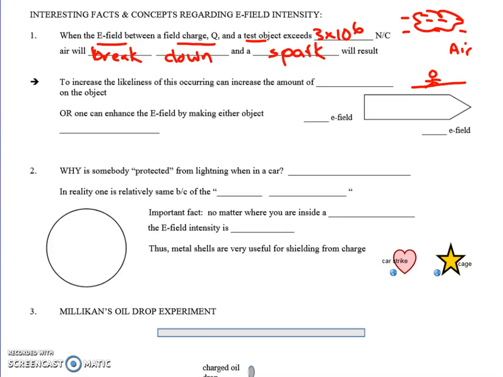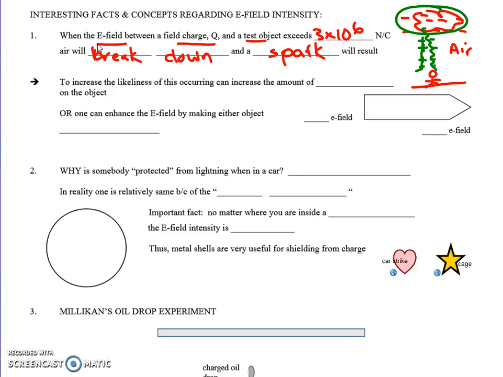But because the air is made up of a material, and that material has positive and negative charges in it, the neutral atoms that make up the air, if this field generated by the cloud is really, really, really high, and there's a few ways that can happen, then the negatives from this charge are stripped off, and we create a conducting path for the field charges to get to the object, and then you have a quick transfer of energy and charge. In other words, you have a spark.